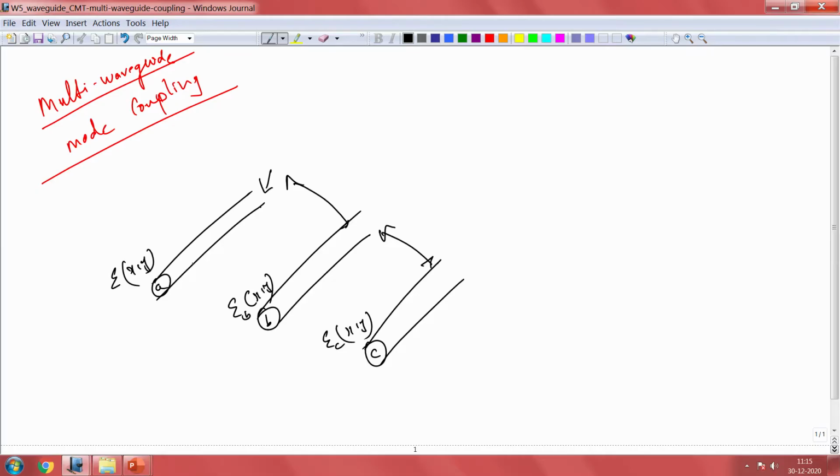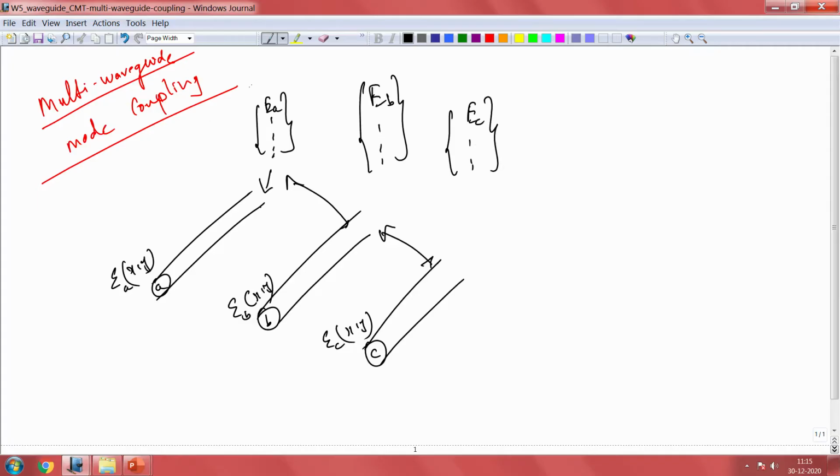So, epsilon_A(x,y), epsilon_B(x,y), and then epsilon_C(x,y), and so on. This is basically dividing the structure into its individual waveguides. Now there are normal solutions for each of these. You have the normal solution set E_A and E_B, and you have a solution set here, and then a solution set here as well.